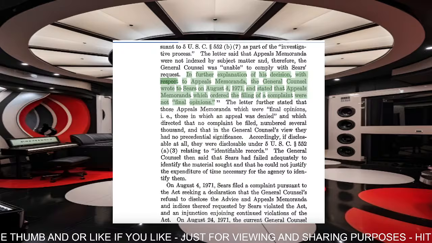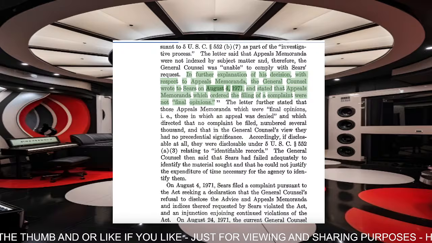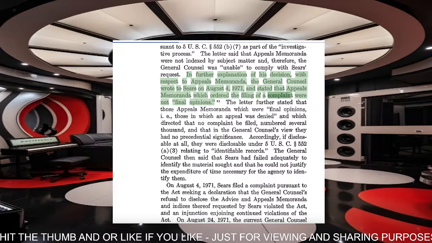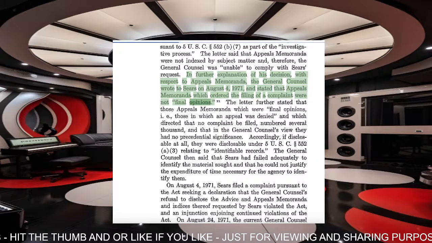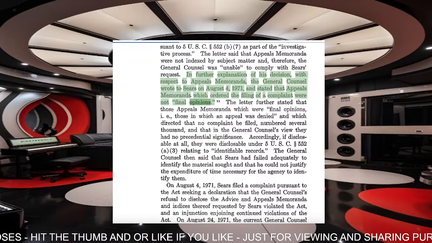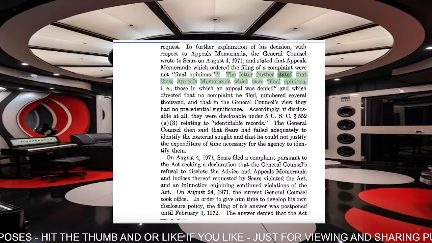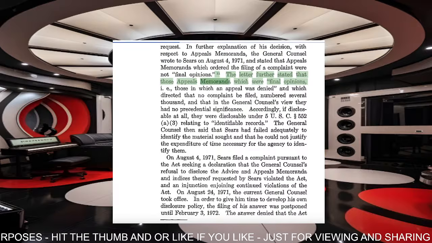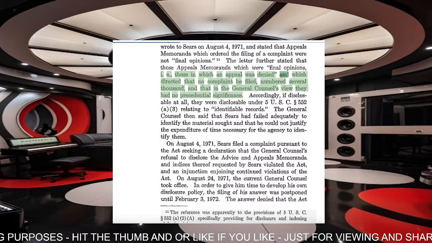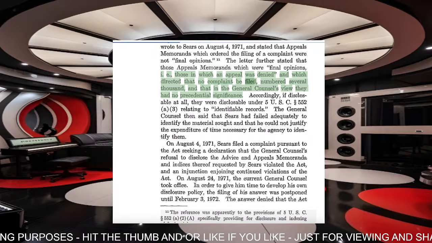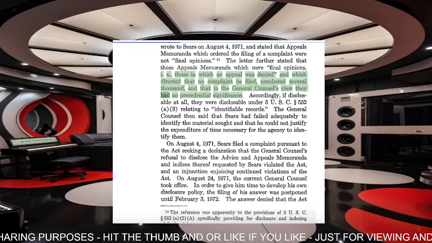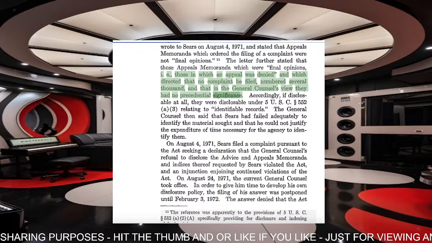In further explanation of his decision, with respect to appeals memoranda, the General Counsel wrote to Sears on August 4, 1971, and stated that appeals memoranda which ordered the filing of a complaint were not final opinions. The letter further stated that those appeals memoranda which were final opinions, those in which an appeal was denied and which directed that no complaint be filed, numbered several thousand, and that in the General Counsel's view they had no precedential significance.